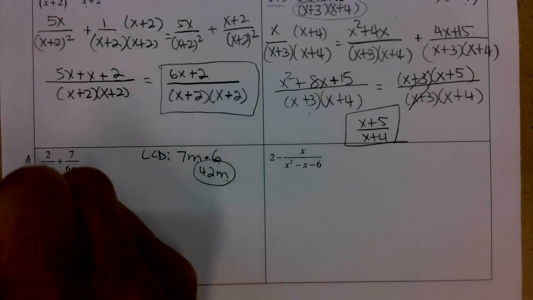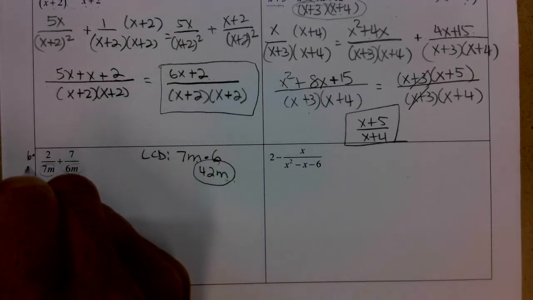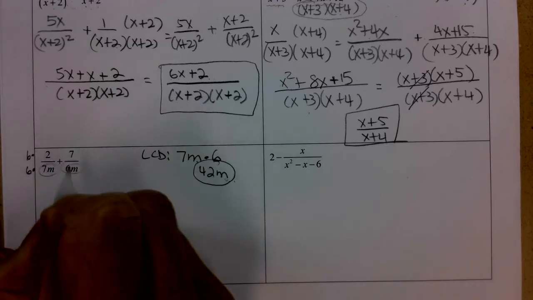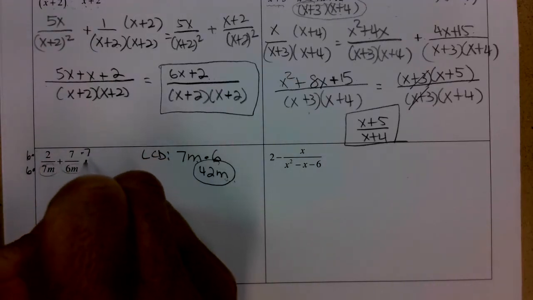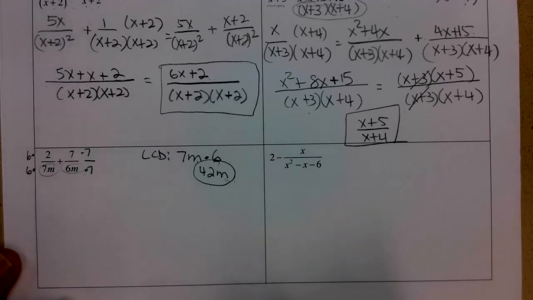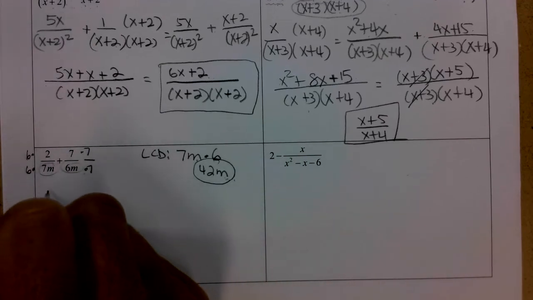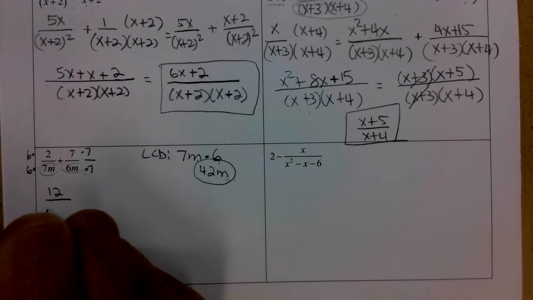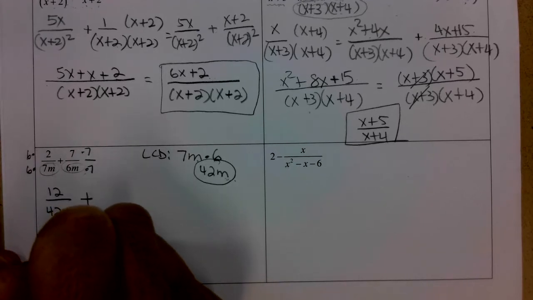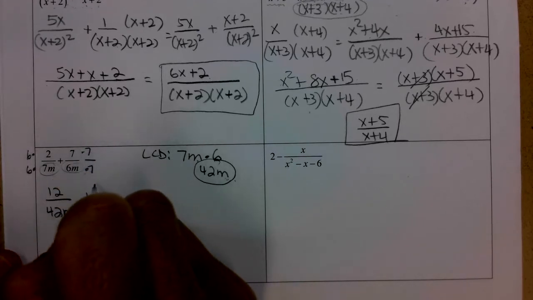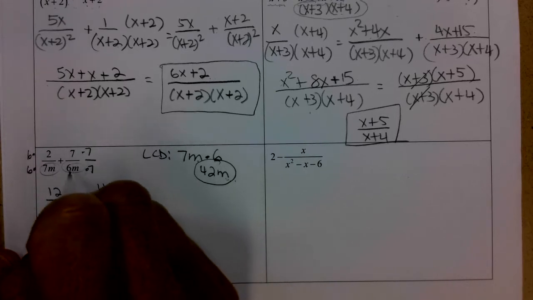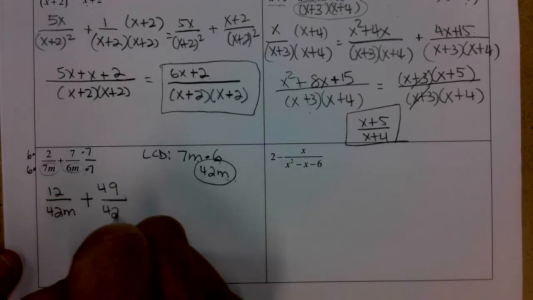The first fraction, top and bottom, gets multiplied by 6. Second fraction, top and bottom get multiplied by 7, so that my first fraction becomes 12 over 42m plus 7 times 7 is 49 over 42m.